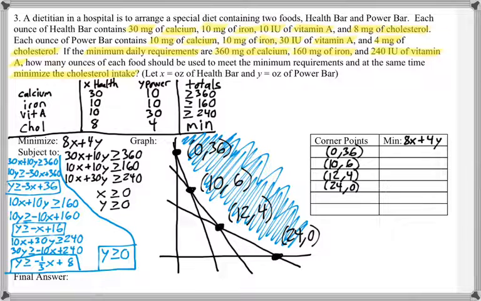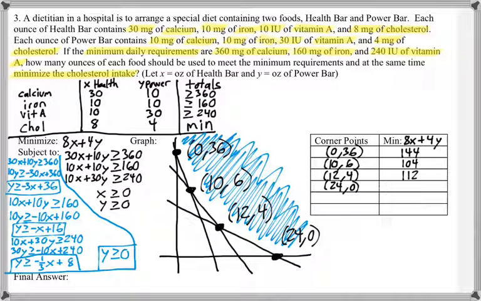So we need to plug those into the objective function 8x plus 4y. So 8 times 0 plus 4 times 36, we get 144. 8 times 10 plus 4 times 6, we get 104. 8 times 12 plus 4 times 4, we get 112.